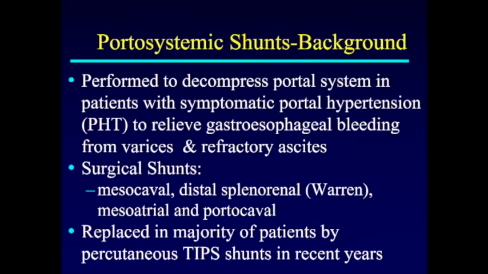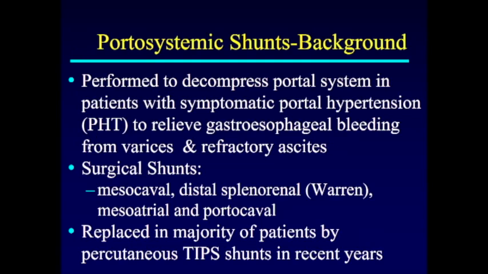So that leads me into talking, in the last part of the presentation, about portosystemic shunts. They are performed to decompress the portal system in patients with symptomatic portal hypertension and to relieve the gastroesophageal bleeding that can occur from varices and the development of refractory ascites.